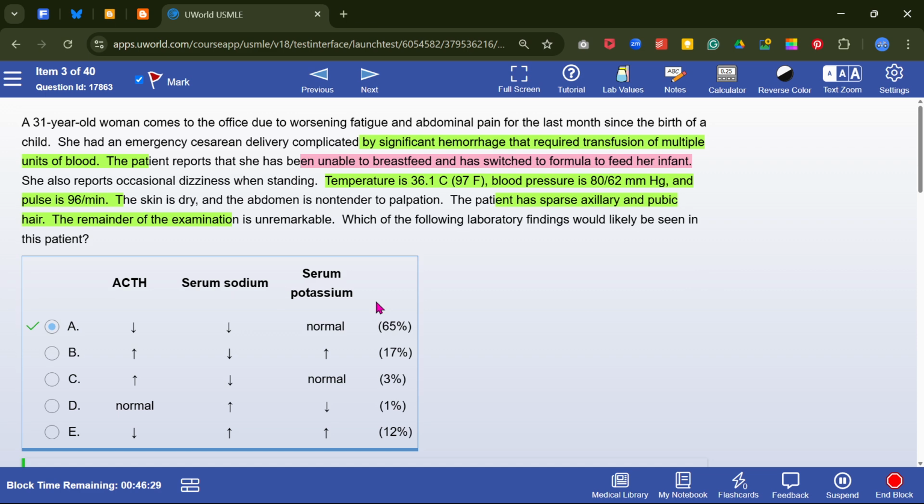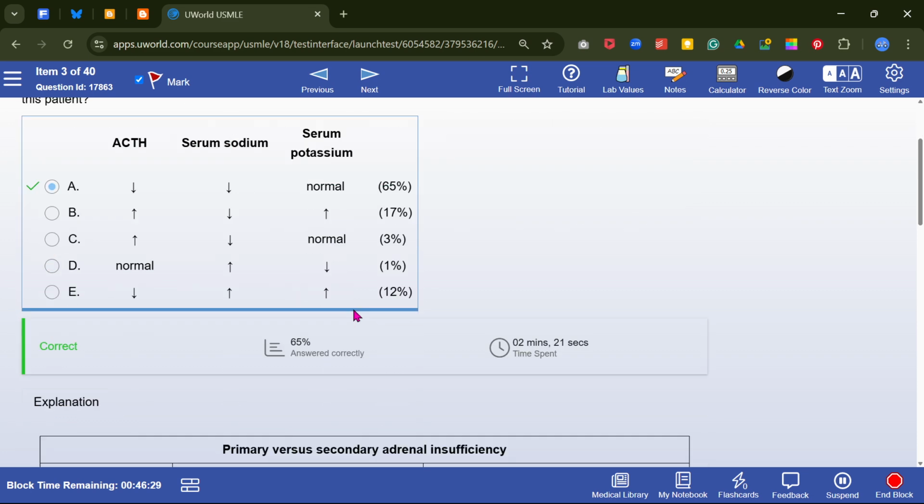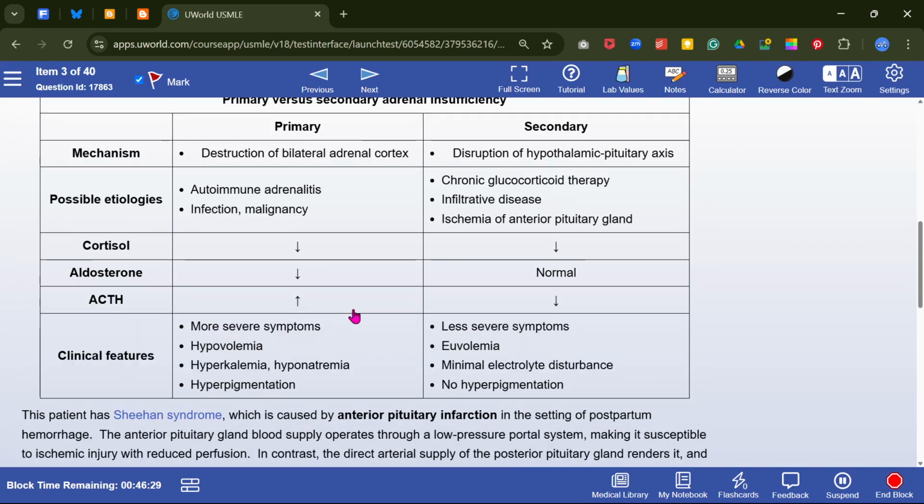Because aldosterone is normal, and we know that aldosterone retains sodium and excretes potassium, you may think there may be hyperkalemia, but in secondary adrenal insufficiency aldosterone is normal, so potassium is normal.